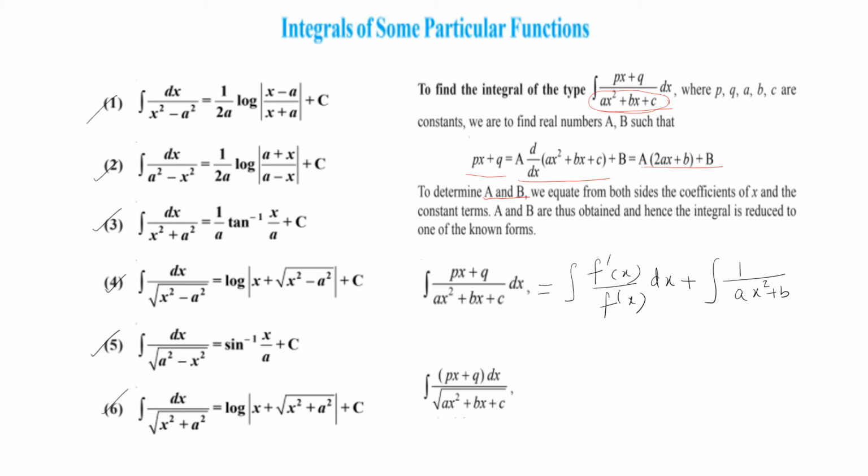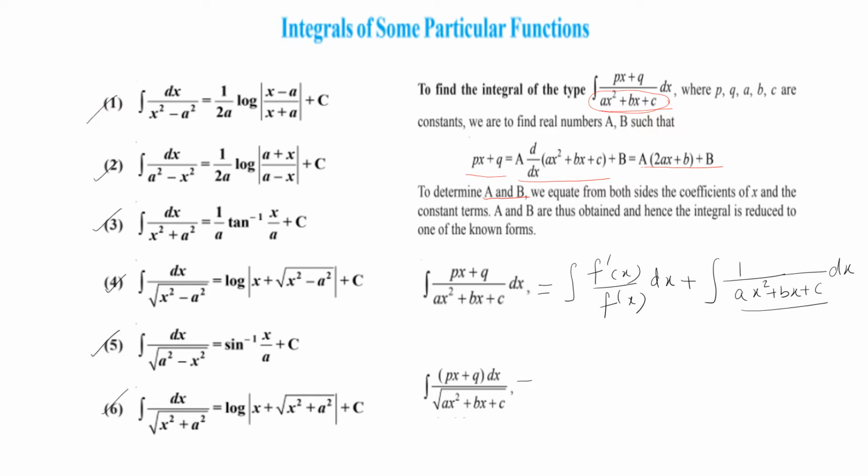So whenever we follow this process, we will definitely find that linear upon quadratic will reduce to f dash x upon fx integral form, right? And the second one is a 1 upon quadratic, ax square plus bx plus c. Okay, so the integral of the first is simply log mod fx, and the second can be integrated by expressing this denominator, as you already know, in the form of a perfect square and using either of these formulas.